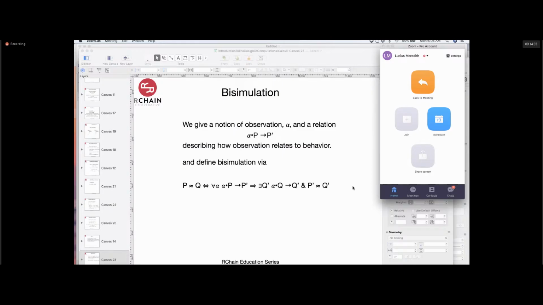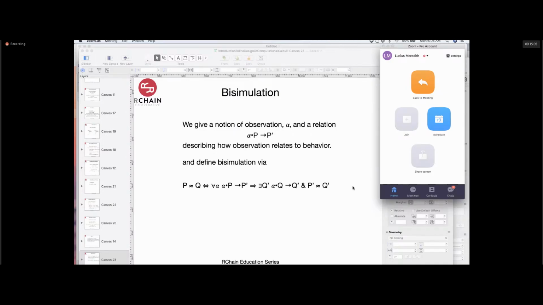So again, the point is that this intuition about observation and the behavior of systems is closely related to how we think about physical systems. So once we have this notion of observation and how it relates to behavior, then we can define bisimulation in the following way.